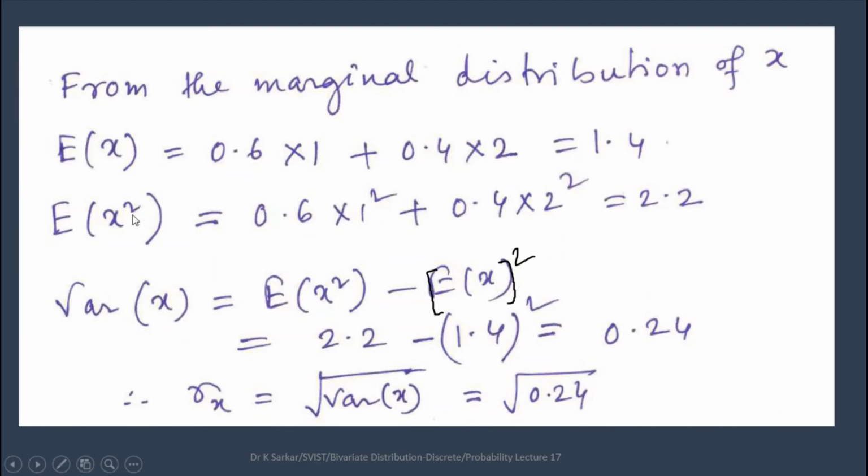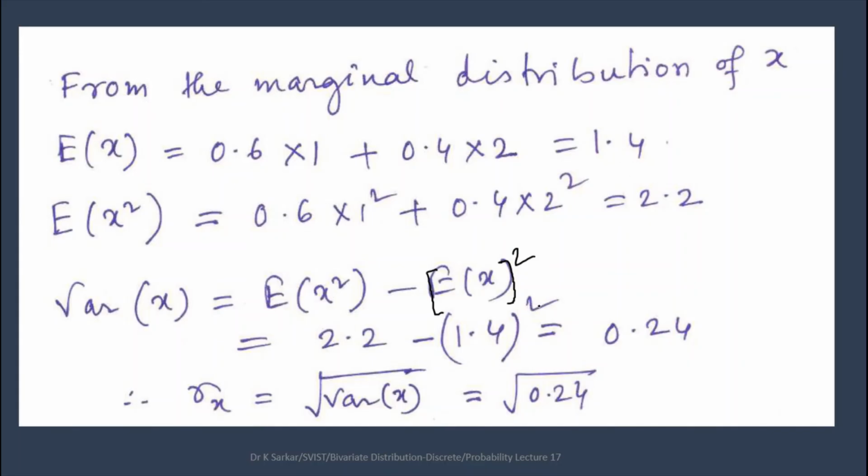Okay, similarly, let us find expectation of x square. Only thing is that we have to take this one as 1 square, this 2 as 2 square. Variance of x equals expectation of x square minus expectation of x whole square. So we have got expectation of x square as 2.2 and expectation of x as 1.4.